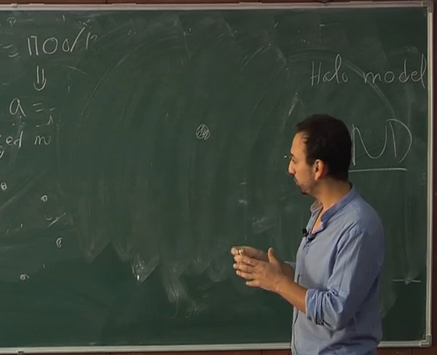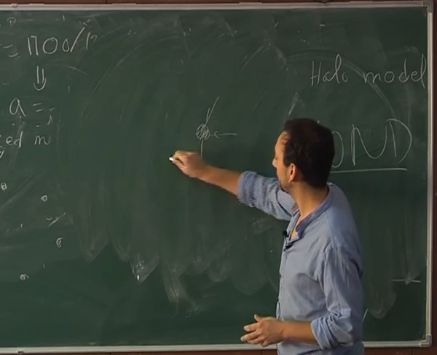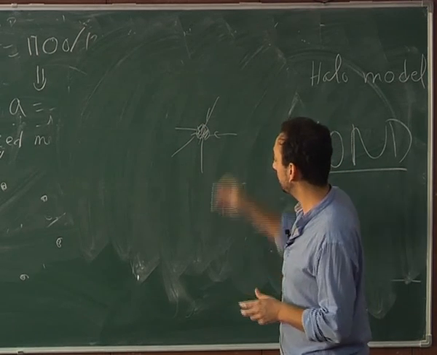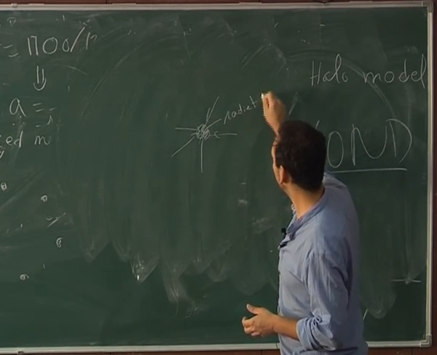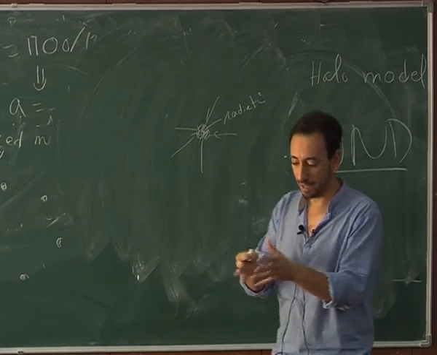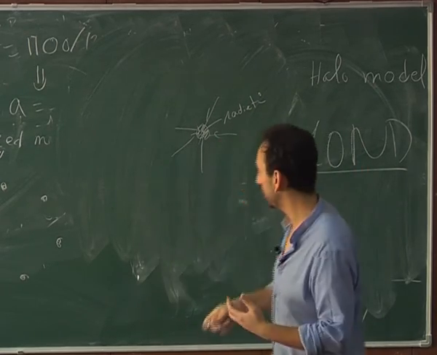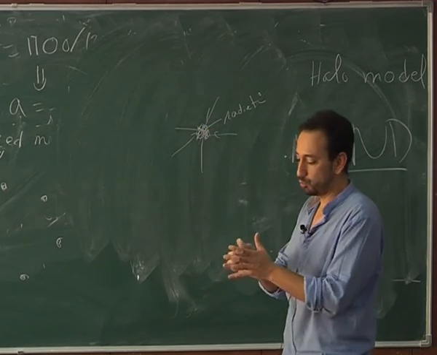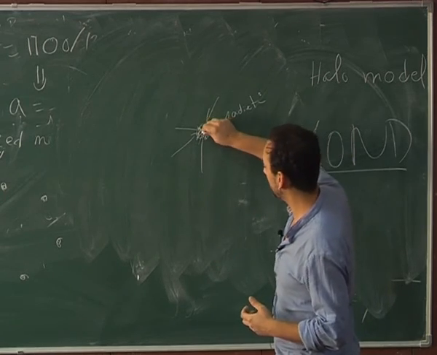Some matter comes here and you form a structure which is a bit bigger. But at the same time there is radiation, photons. It's like a soup of particles, and this radiation interacts a lot with matter, producing a pressure towards the outside.